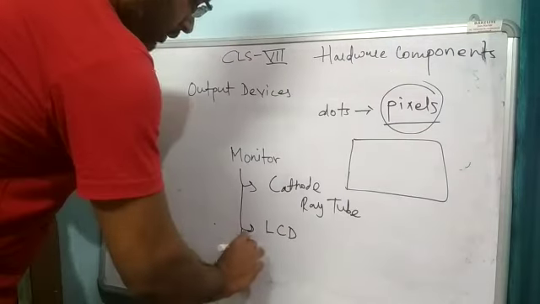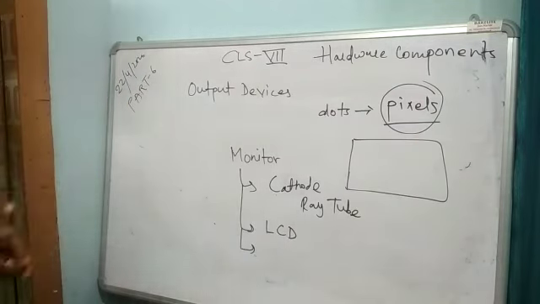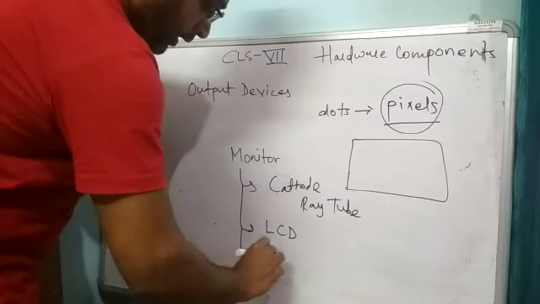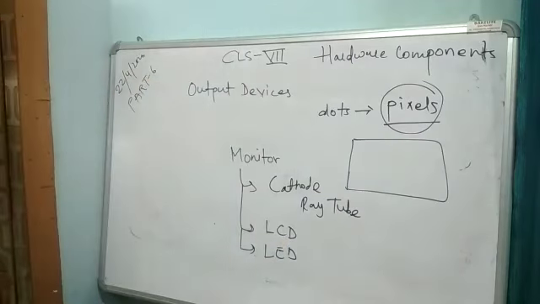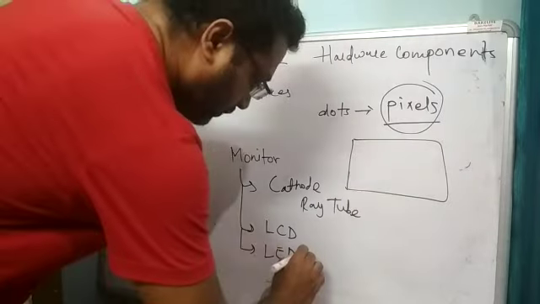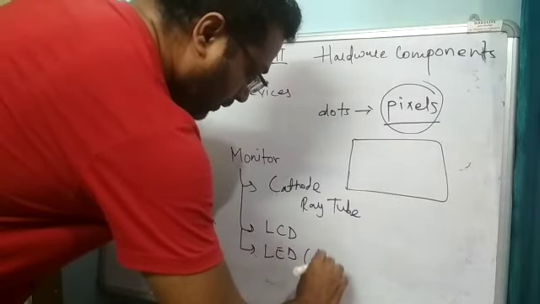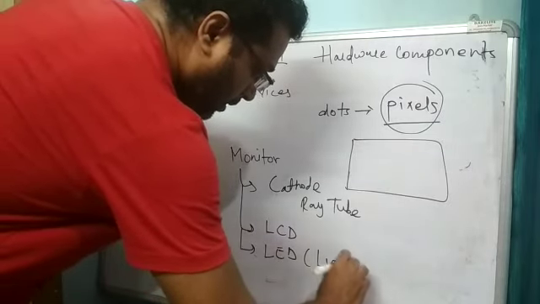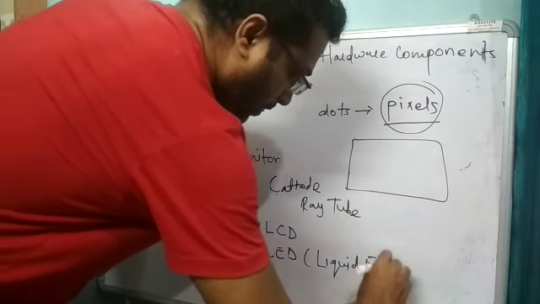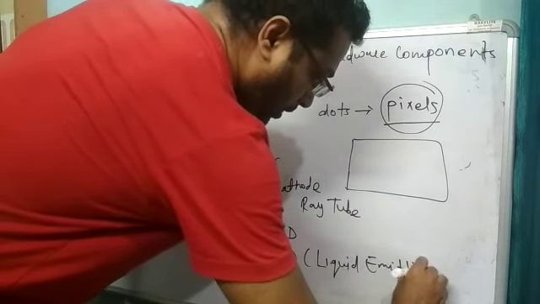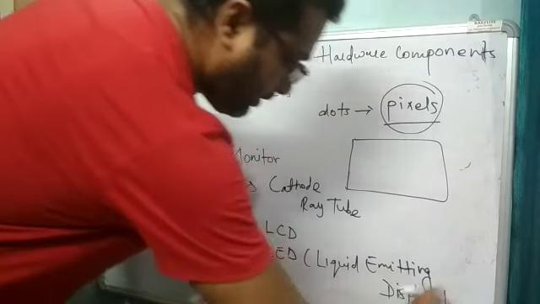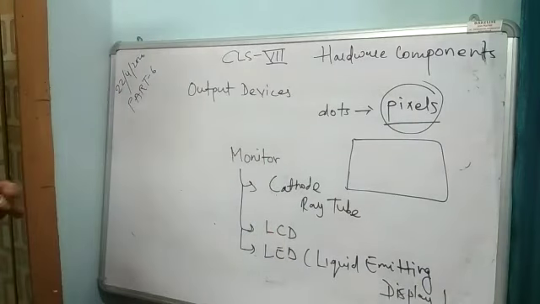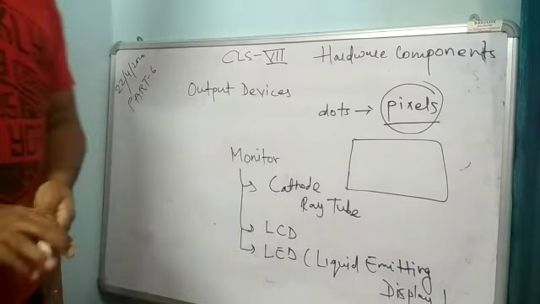Then again technology improved, and today we are using LED, light emitting display. So these are the few categories of monitors.